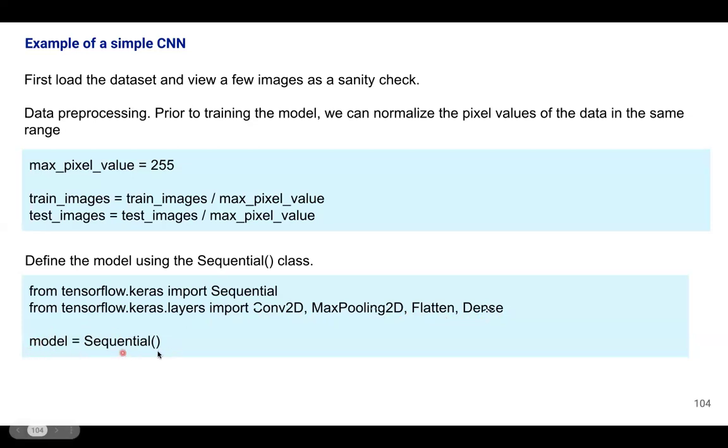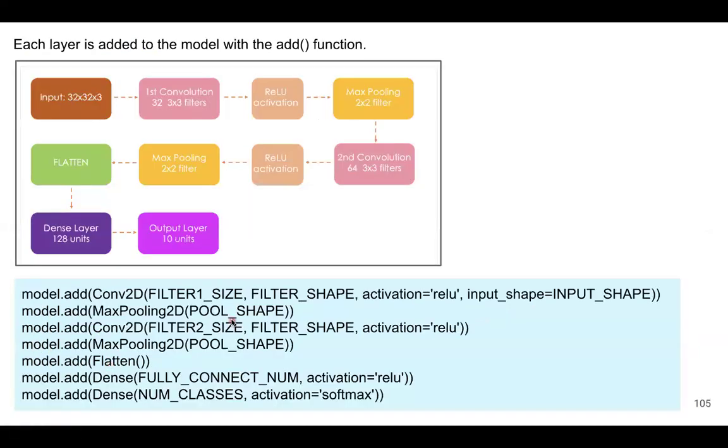Then you initialize this, so you call this Sequential class for your model. And then you look at this graph or this cartoon here, what you already decided that your CNN will look like, and just keep adding layers accordingly. So the first layer is Conv2D with filter 1 size, filter shape, activation relu, input shape this.